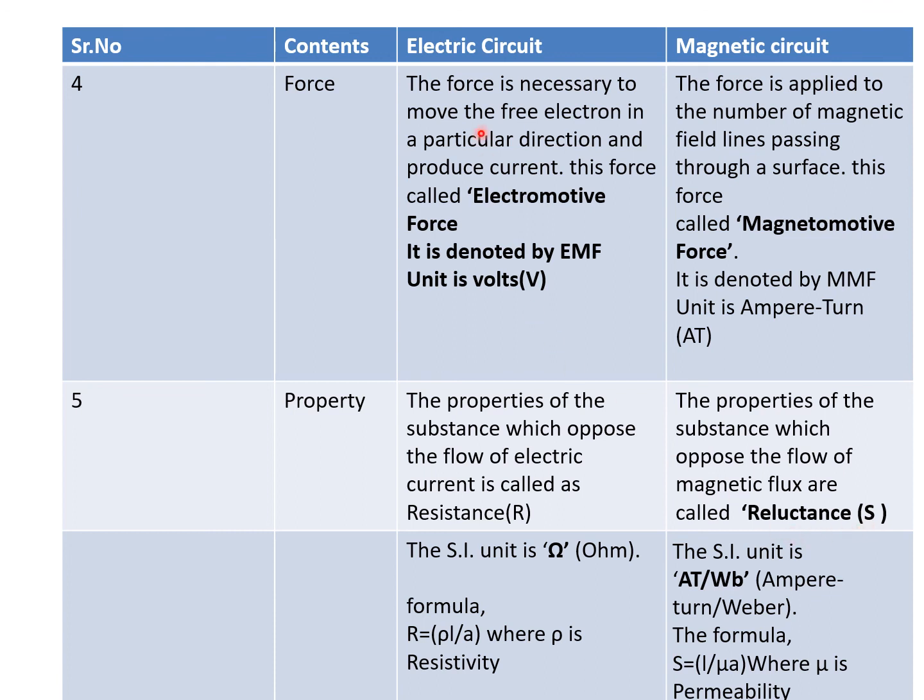In electric circuit, the resistance formula is rho L upon A, where rho is the specific resistivity. And in magnetic circuit, the formula for reluctance is L upon mu A, where mu is the permeability.